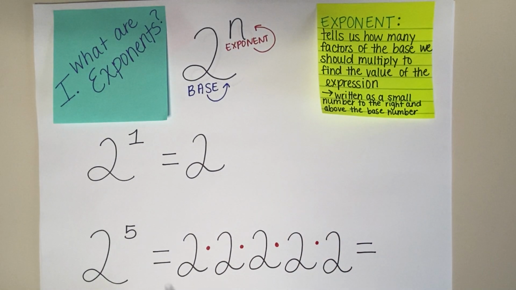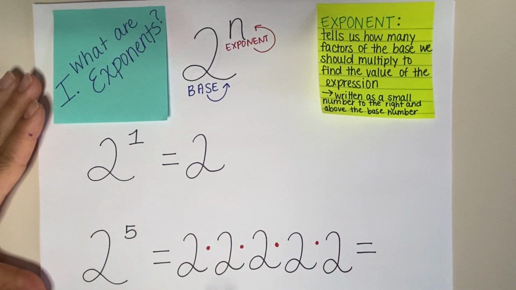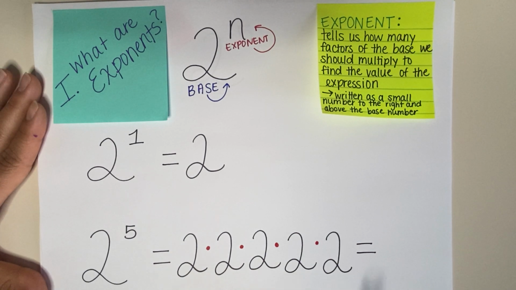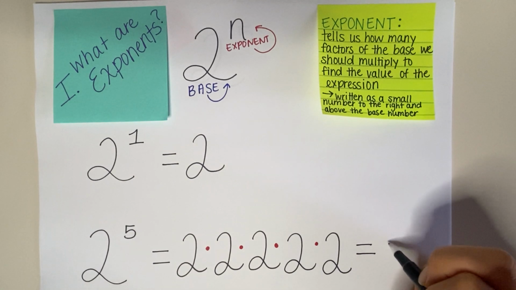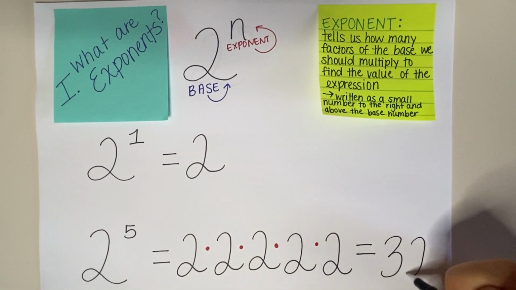And if I were to multiply all of these 2's together, 2 times 2 times 2 times 2 times 2, you just break it apart. 2 times 2 is 4, 4 times 2 is 8, 8 times 2 is 16, 16 times 2 would get us 32.